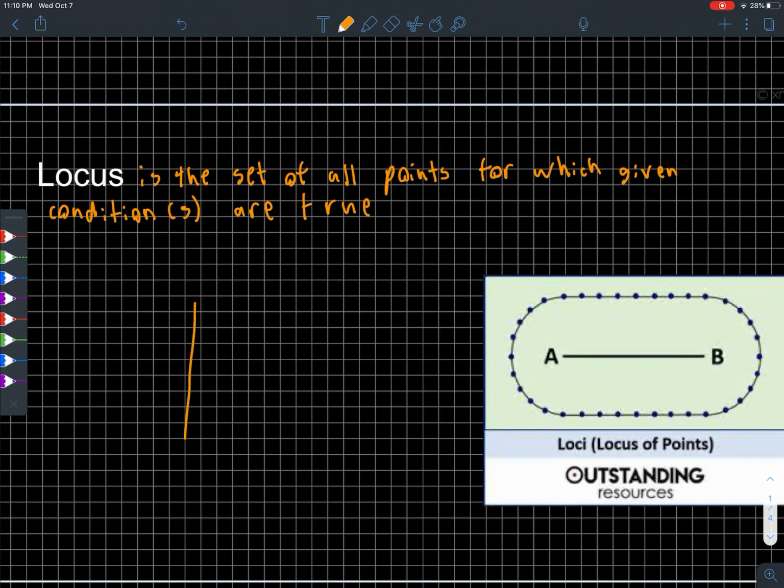All the graphs that you guys have dealt with so far have been loci. They have been points for which the statement y equals f of x is true.